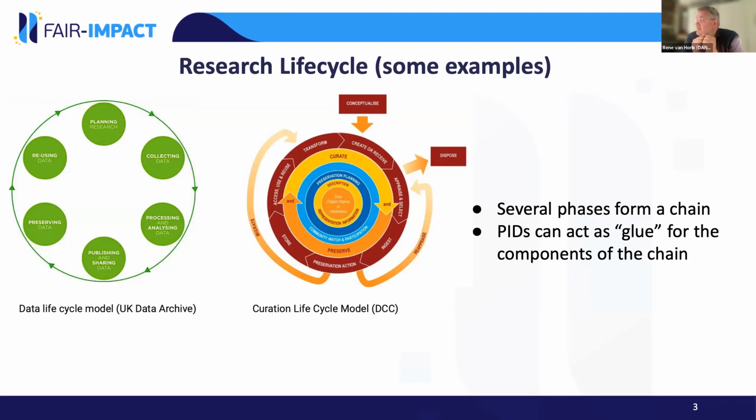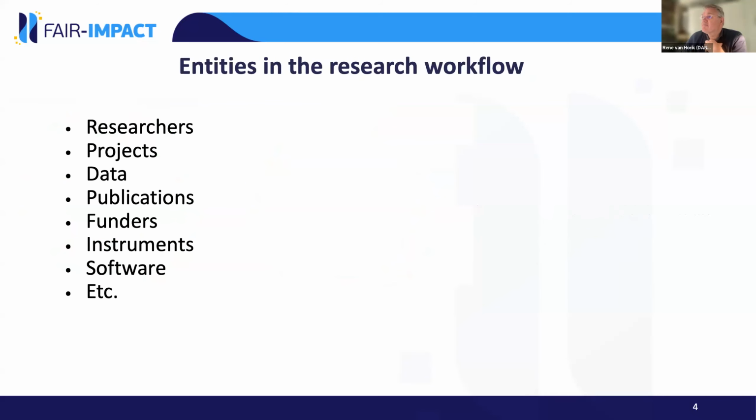The main point here is that PIDs can act as a kind of glue for the components of the chain, because it enables us to make things unique and identifiable, and that we don't have the risk that further on in the chain things get messed up. At least that's the idea. People with the same name but different persons, etc. I think you will understand the rationale and the value of PIDs in this respect.